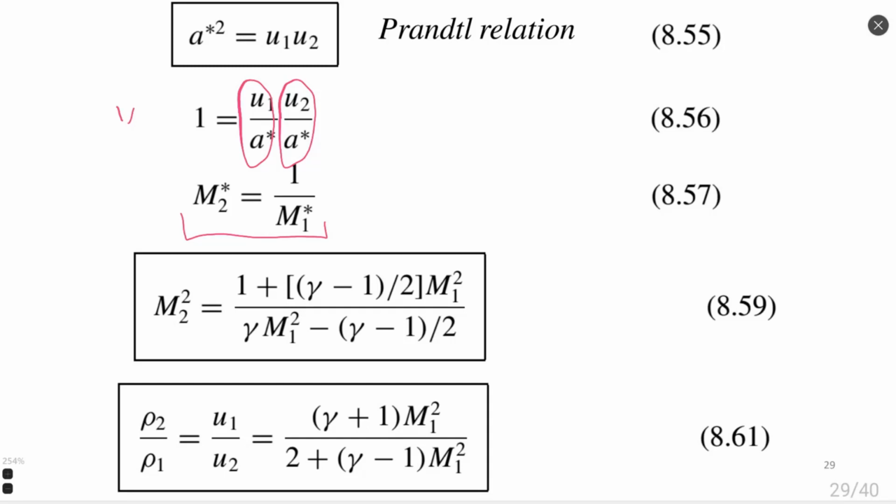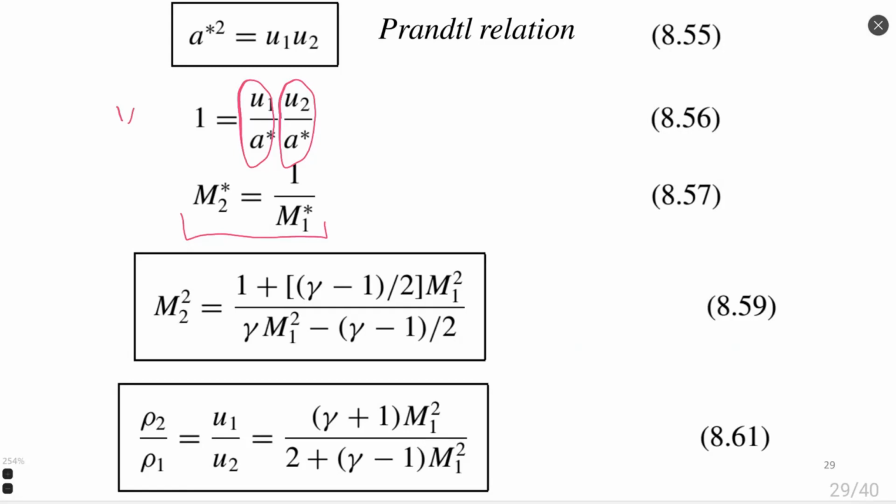The main reason is the following: the relation on Mach number change across a normal shock wave can be very simply expressed by the relation on characteristic Mach number. So Mach number after the shock wave is just reverse proportional to Mach number characteristic before the shock wave. Very simple.